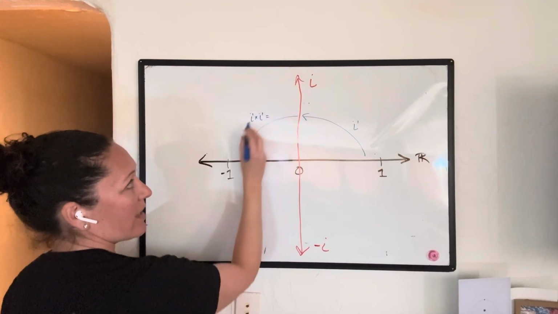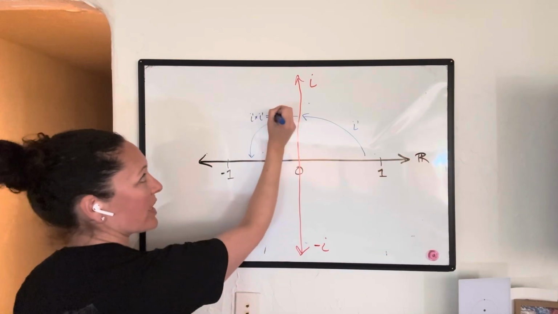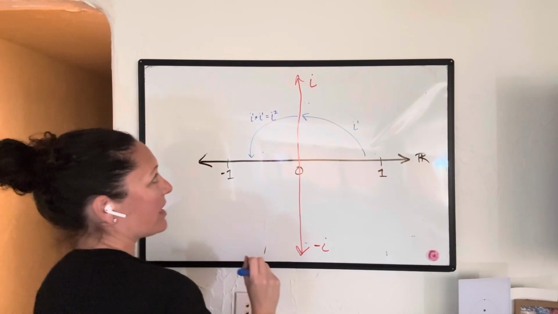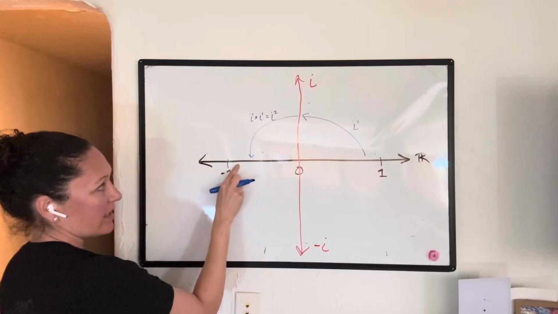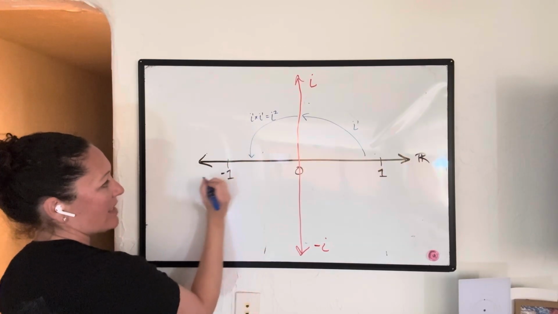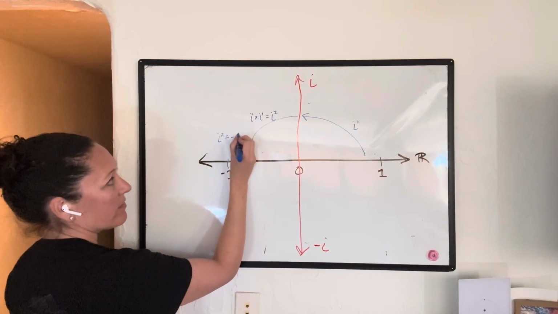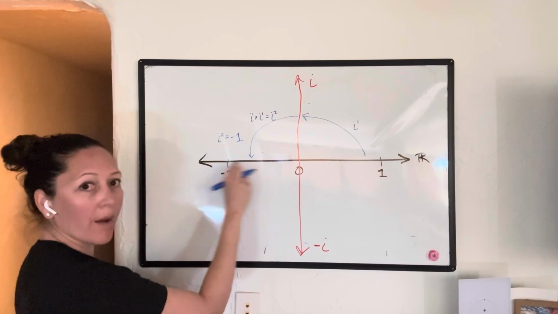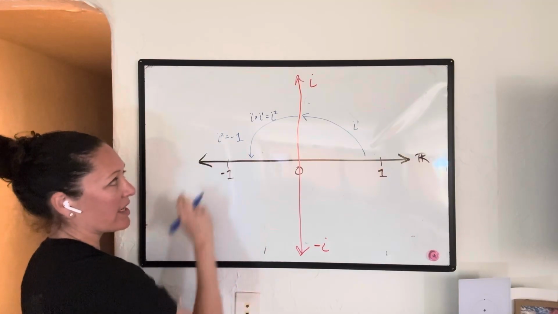So when I multiply those together, I get I, and I have to add my exponent, so I get I squared. So this is I squared at this point. So I squared equals -1, because I have come back to the real number line at this point in time. So I squared equals -1.